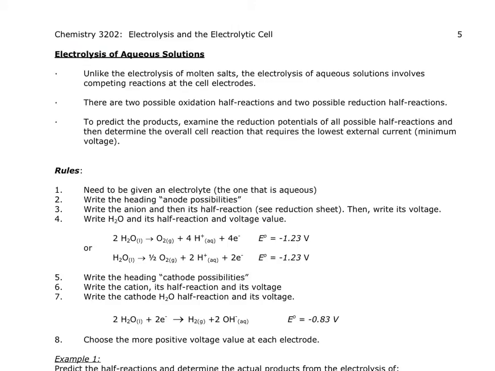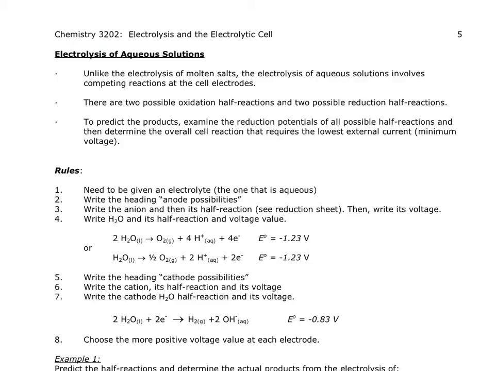The last type of question you will see is the most complicated, and that is the electrolysis of aqueous solutions. Unlike the electrolysis of molten salts, the electrolysis of aqueous solutions involves competing reactions at the cell electrodes. What this means is that an aqueous solution, by definition, means a solution that has been dissolved in water. Therefore, at each of the electrodes, there's no longer just one type of reaction happening.